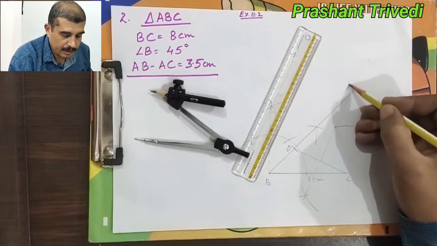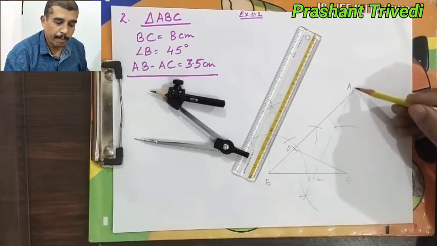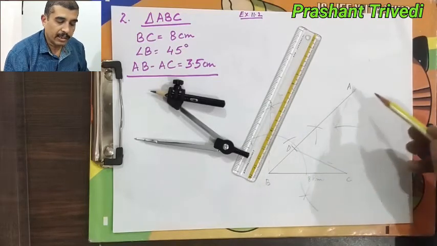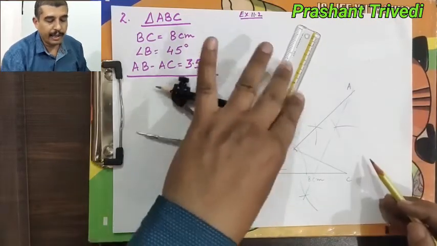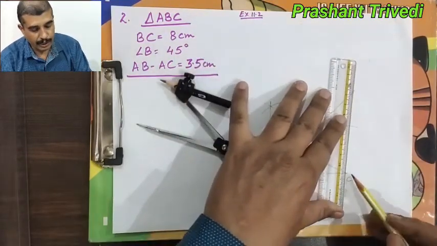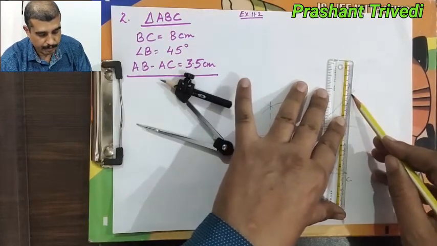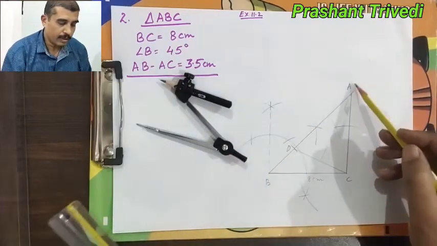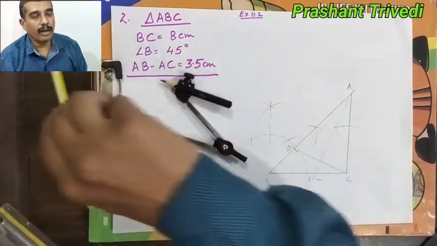This is point A, where the perpendicular bisector cuts the extended line BD. That point will be point A. We will join A to C. So ABC is the required triangle.